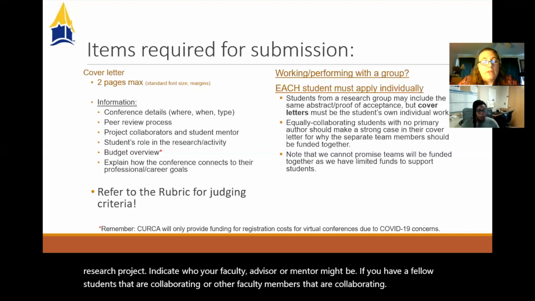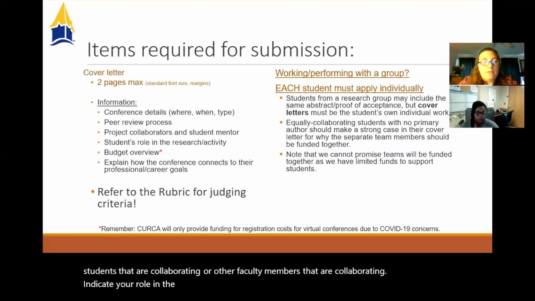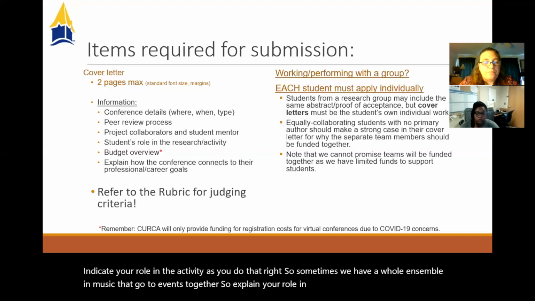Indicate your role in the activity as you do that. Sometimes we have a whole ensemble in music that go to events together. So explain your role in that activity.